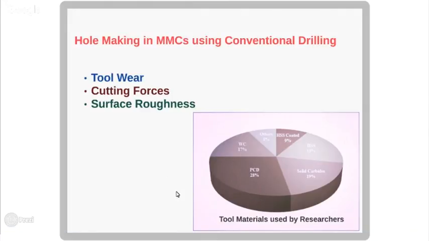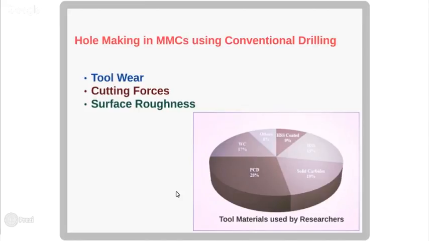In conventional drilling, the major aspect is tool wear. Second is cutting forces, as there is direct contact between the material and the cutting edges, so the cutting forces are enormous in conventional drilling.